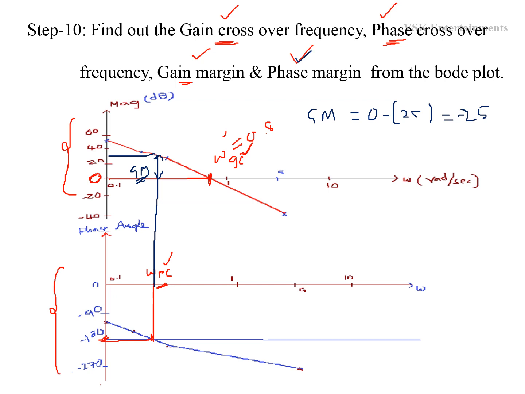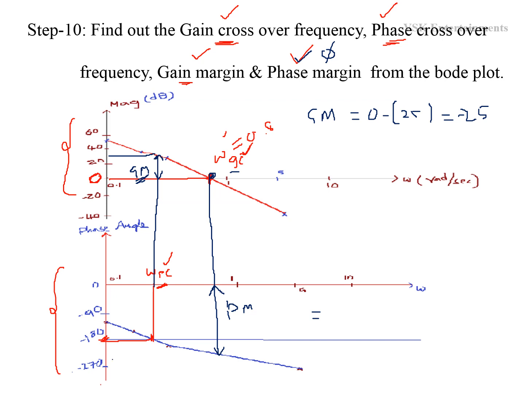Similarly, we have to find out the phase margin. The phase margin is the additional phase angle at the gain crossover frequency. This is the gain crossover frequency. At this frequency you have to find the additional phase angle. So this is the phase margin. The formula for finding the phase margin is the resultant phase angle at gain crossover frequency, minus of minus 180.